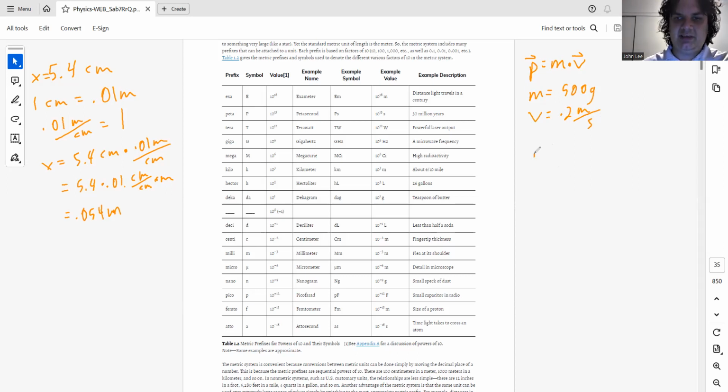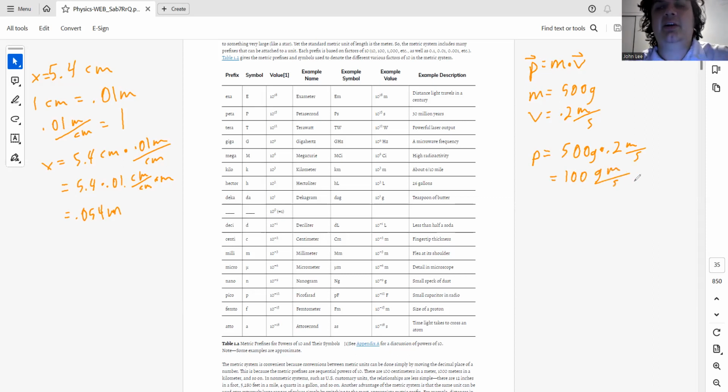So momentum, which we're trying to find, is going to be, let's not even put the arrow up there to indicate it's a vector, just 500 grams times 0.2 meters per second, which is going to be equal to 100 gram meters per second.